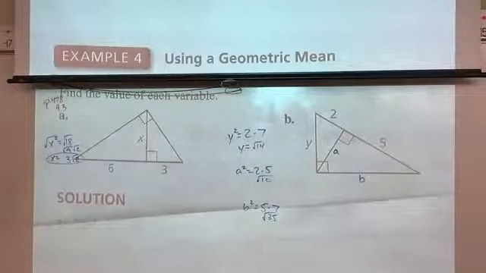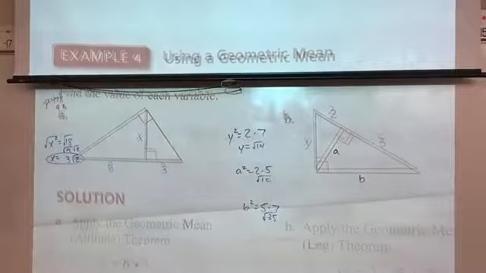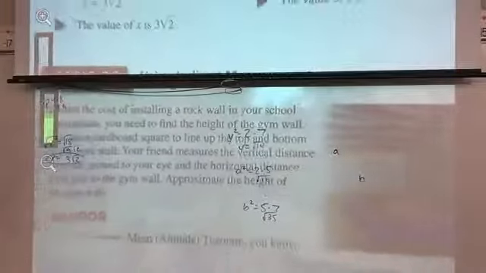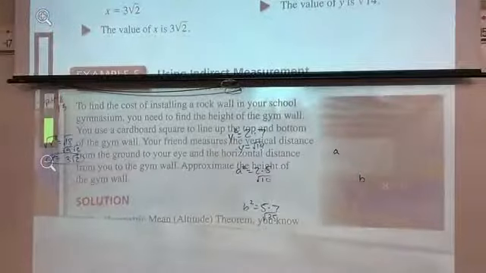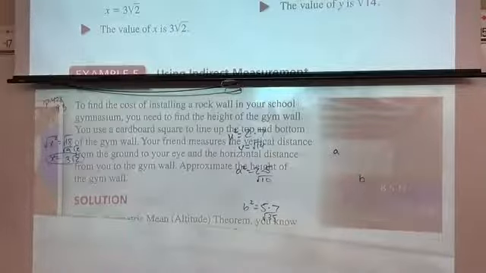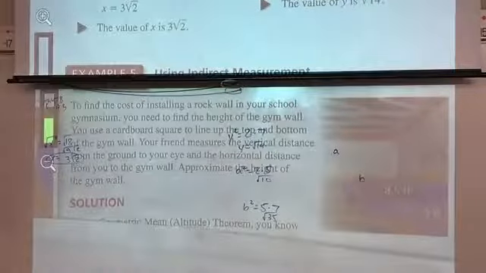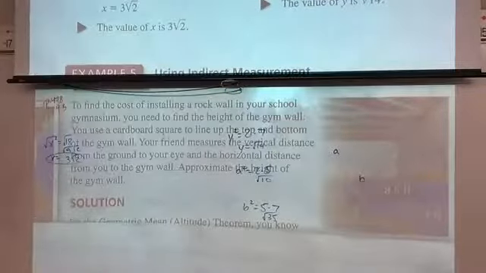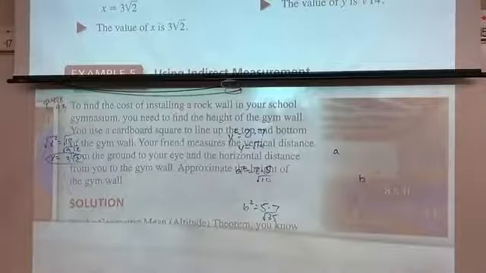Okay, one more just because it's slightly different and because it's a great real world situation picture. I mean, look at this guy. This guy is measuring the height of the gym by holding a cardboard box in front of his face. Interesting. I mean, you obviously can't make this stuff up.